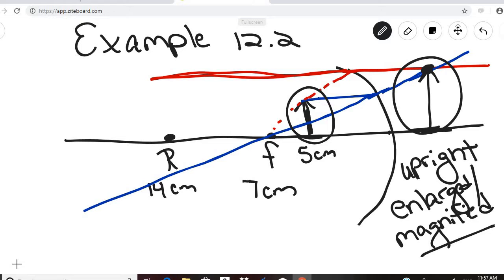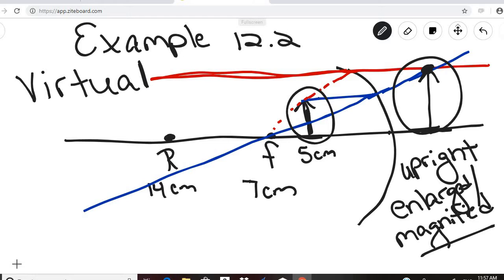This type of image where you have to extrapolate the lines out for them to intersect is called a virtual image. It's the type of image that you see in a mirror that appears to come from behind the mirror.